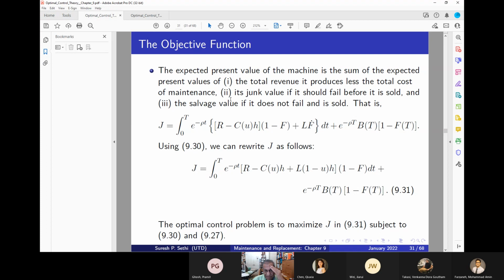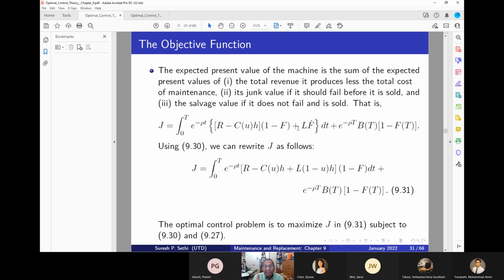The second expected value is the junk value. The junk value is L, and the machine is failing at the rate f dot, which is the probability density. So I can put L f dot and integrate it, and then there's e to the minus rho t, so that's discounting everything to present value. So I can get the expected value of what we obtain when the machine fails.